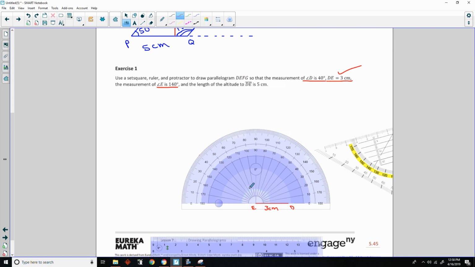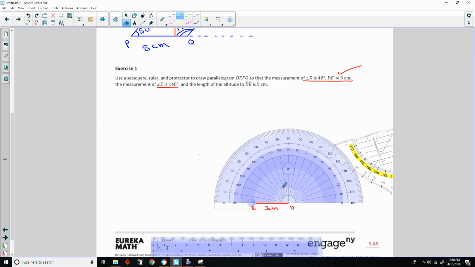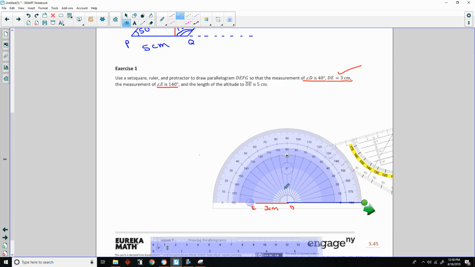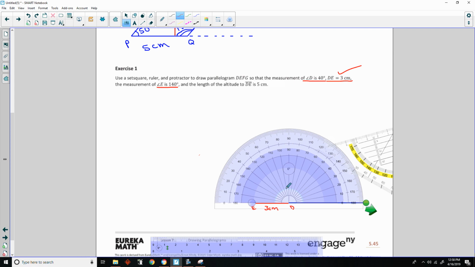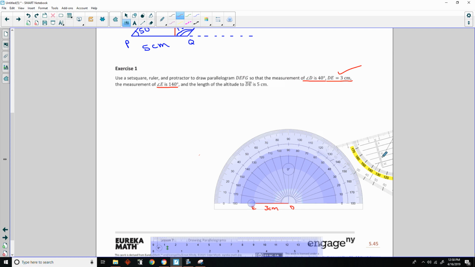Okay, and then I would move my protractor over to D and put it right as close as I can on that end at D. Right there, so that this segment DE is on the 180 degree line. And then I go over, move my square, and 40 degrees is going to be, let's see, angle D is 40 degrees.